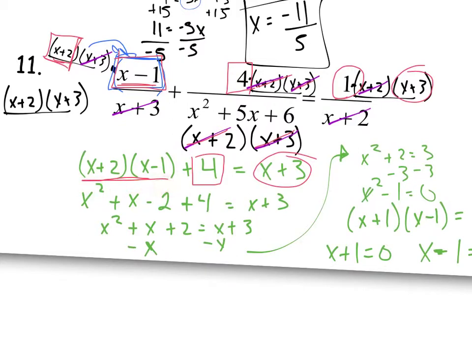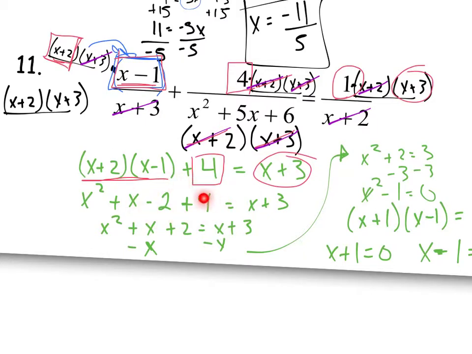Okay, so from there, I just simplify and I solve. So I'm going to multiply this out, FOIL, I should say. So x squared plus a 2x minus a 1x gives me an x minus a 2. I've still got that plus 4 hanging on, and then x plus 3 hanging on the other side.